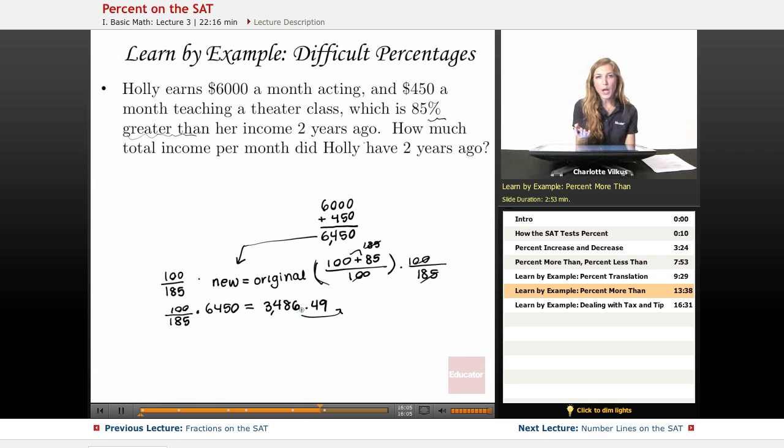So although this problem isn't quite as easy as just putting the numbers exactly in with "is" equal to our equal sign and "of" being our multiplier, this still isn't too difficult of a problem as long as we know this equation. So this one you want to try and know just because these problems do come up.